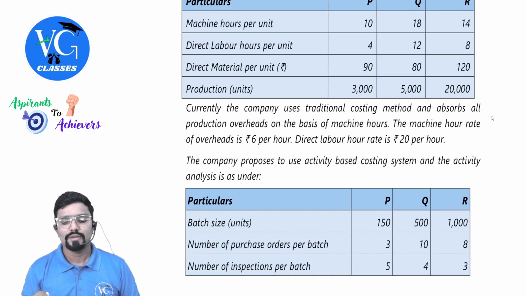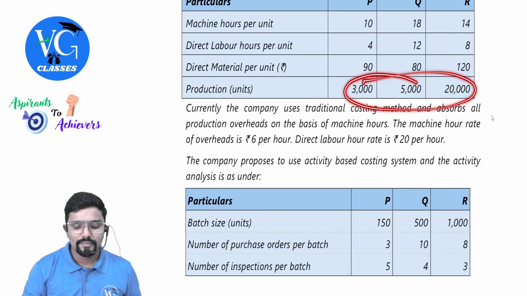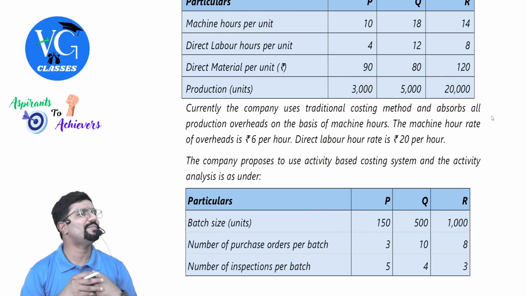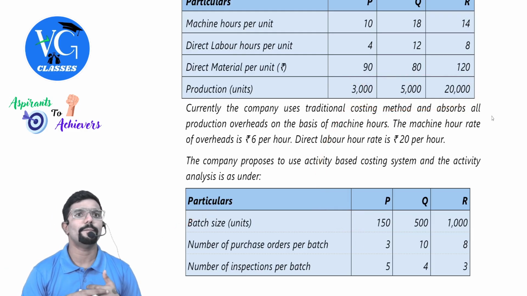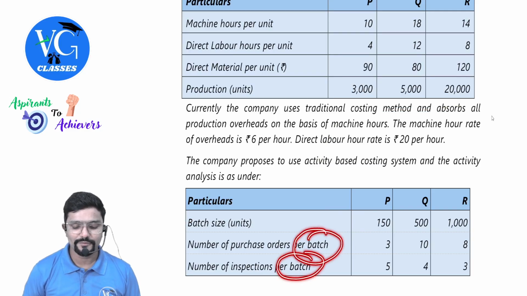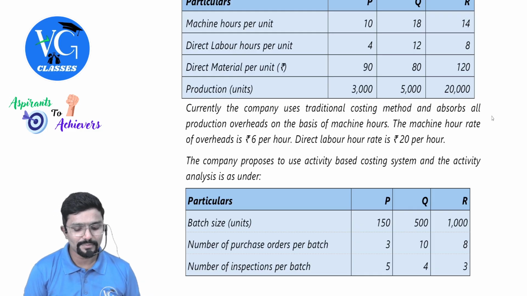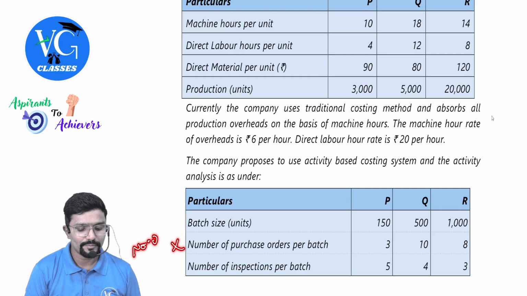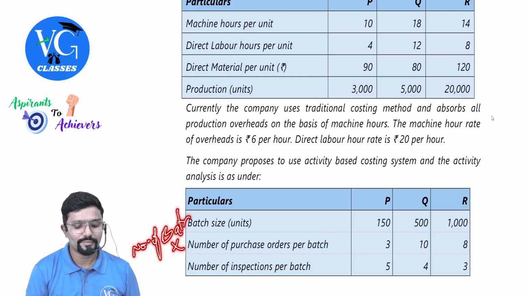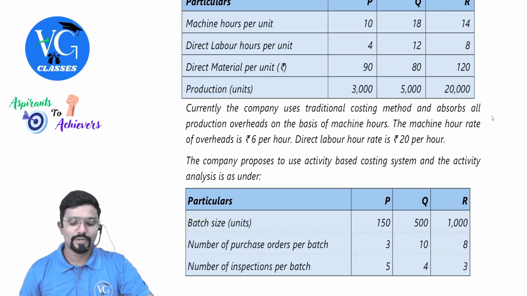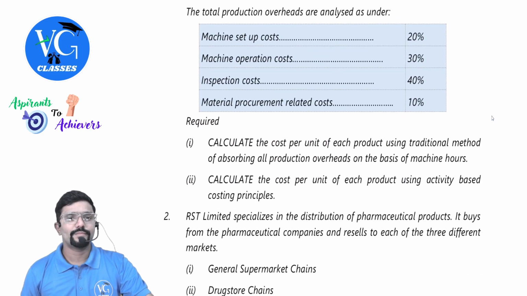Production is given, batch size is given. If I divide one by the other, what do I get? Number of batches. Can we calculate the total purchase orders and inspections? Yes. If you multiply these with the number of batches, you will get the total.